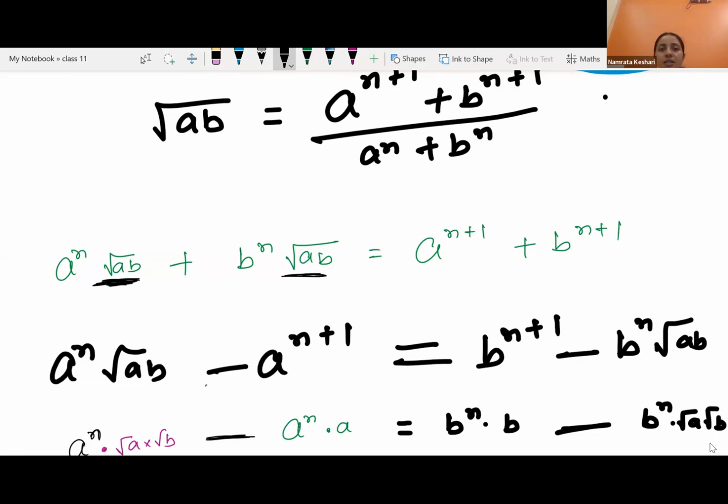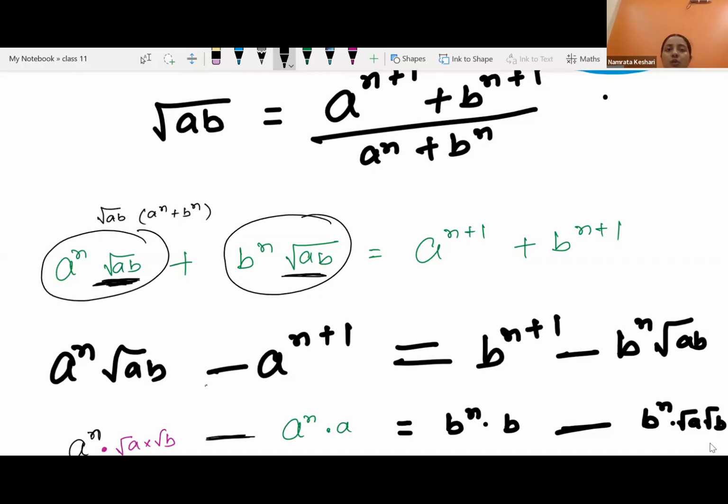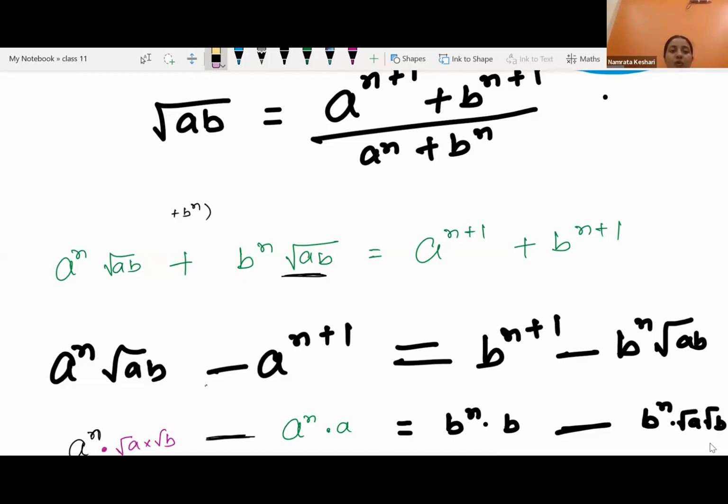Yes, ma'am. Okay, why should we repeat the same step again and again? Just now we have done the multiplication of root AB with a to the power n plus b to the power n, which you can see over here and over here. So of course we are not going to take out common. So now we are thinking, then what to do.